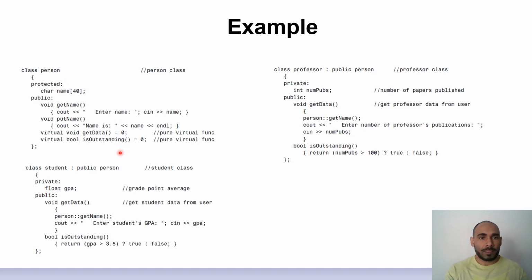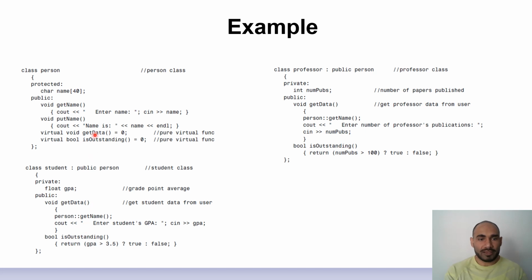And then we have getData and isOutstanding. These are two pure virtual functions, you can see. This person class is extended by the student class and also by the professor class, and these two classes implement the getData and isOutstanding methods.